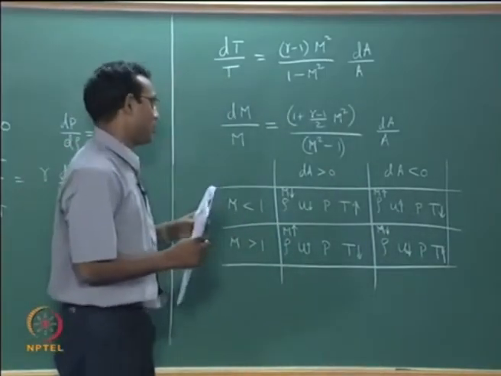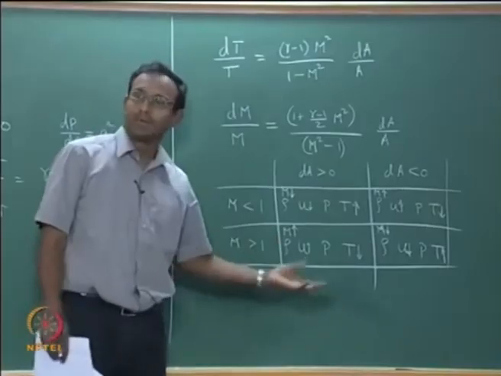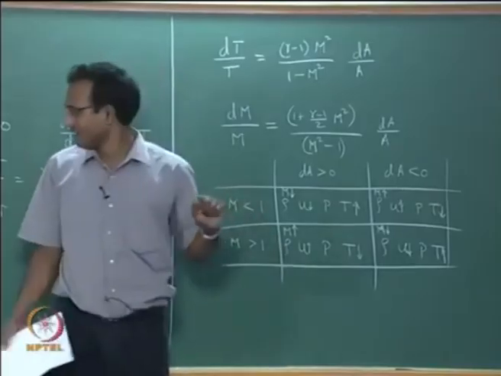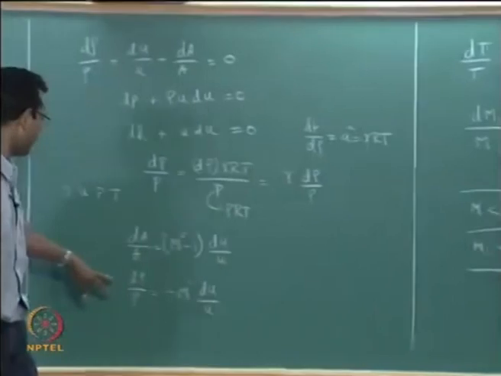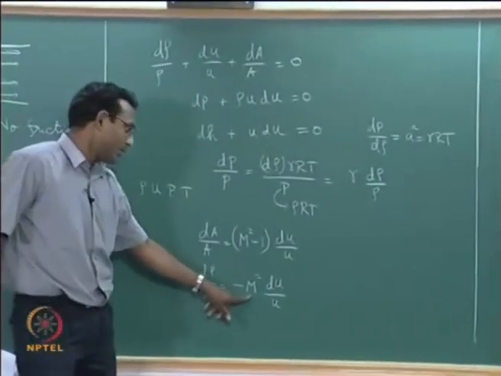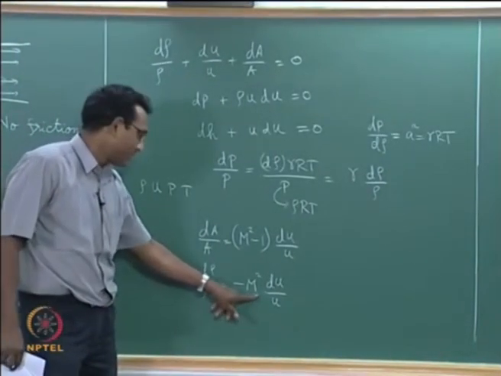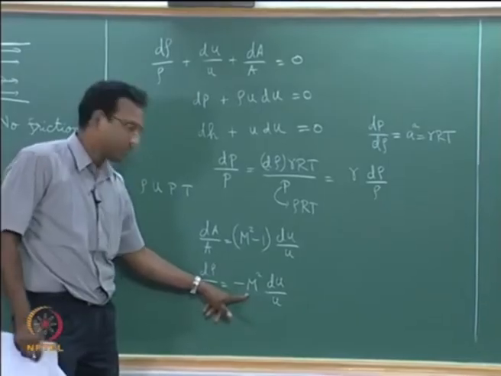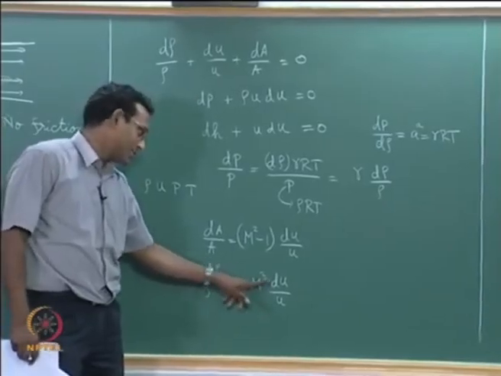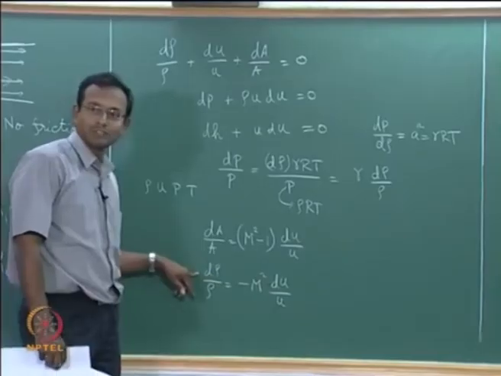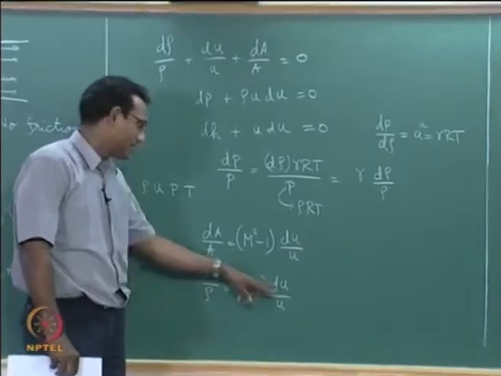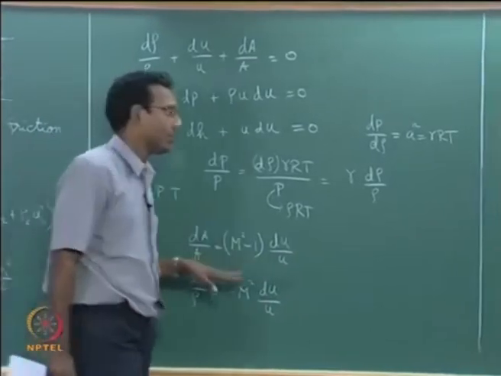Now we can also show from the momentum equation, and in fact we have already derived this, for whatever be the Mach number, M square is always positive, which means if there is a velocity change, the density change will be opposite of that, because there is a minus sign. If this increases, this decreases. Okay, can always tell that.